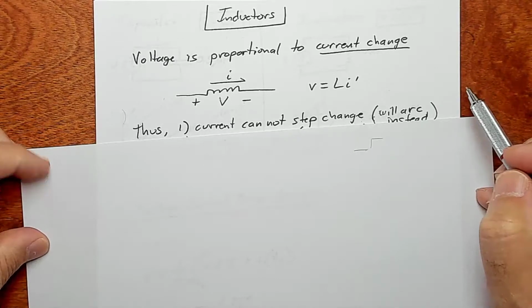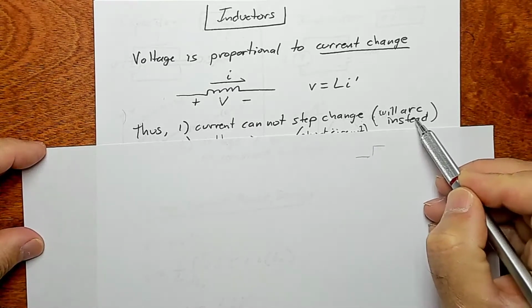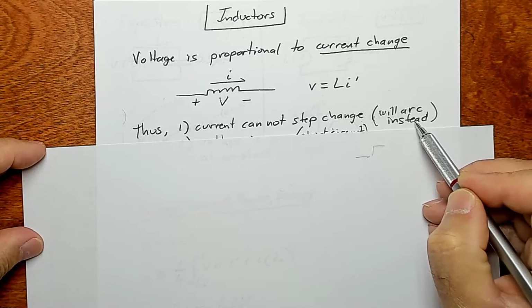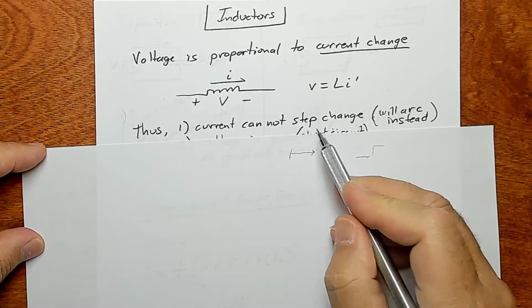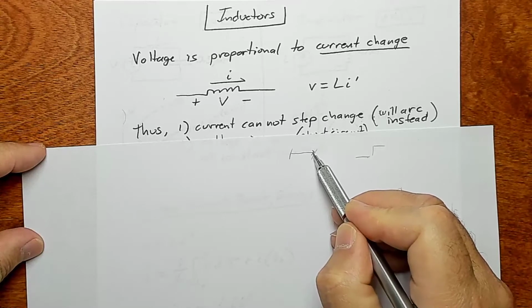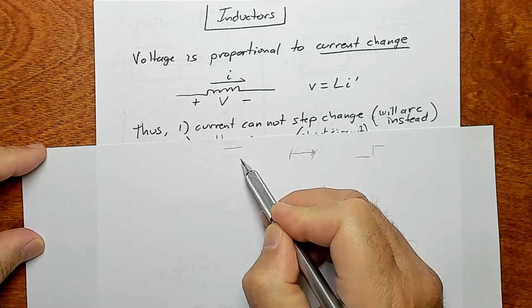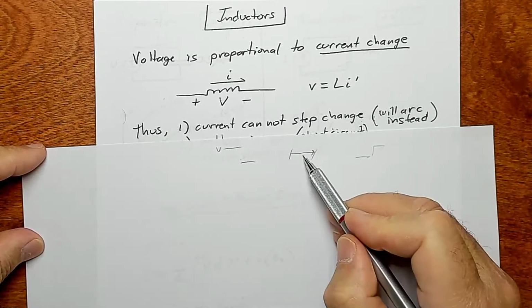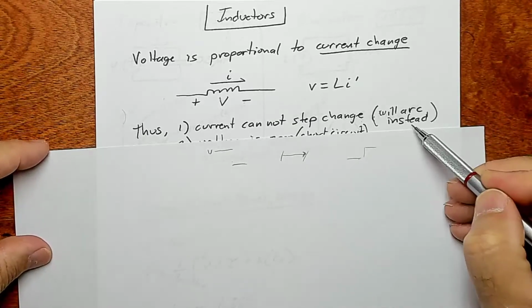The physical effect is arcing: if you have a current flowing through here and you try to step change the voltage down to say 0, the current will just keep on going, and you'll get an arc.